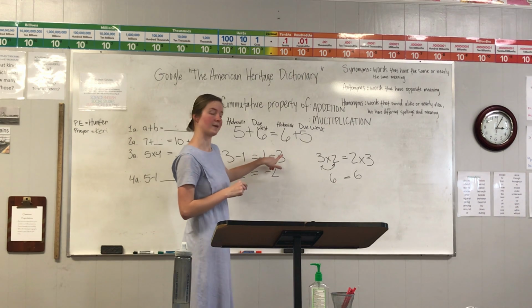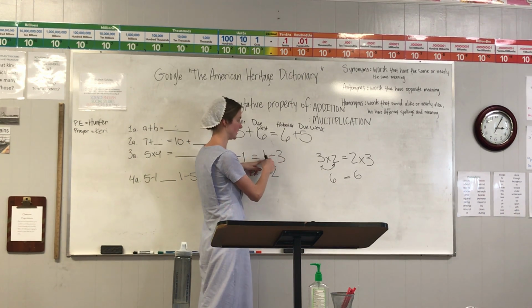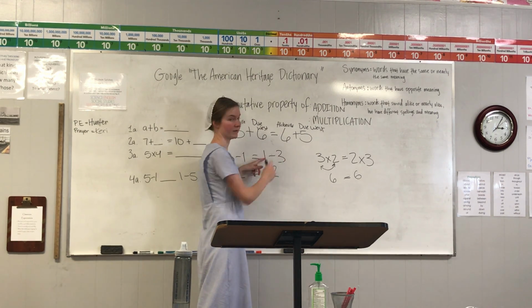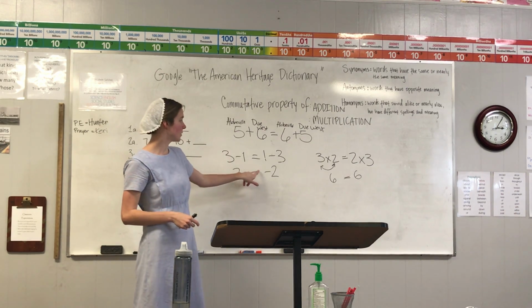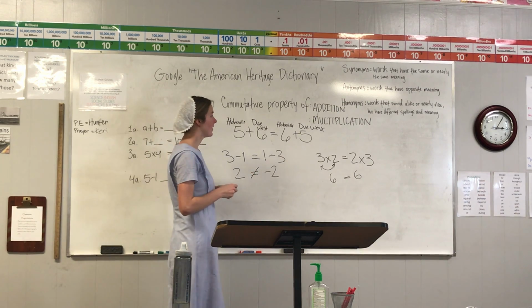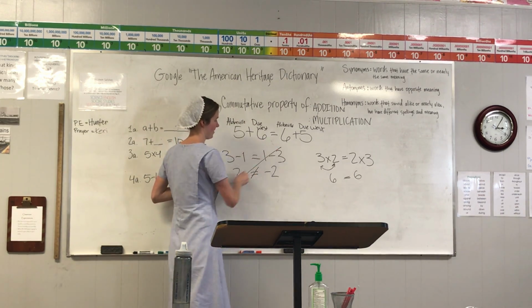Remember when we added integers? We subtract and we use the negative symbol. So this would be 2 equals negative 2. Does that equal? No, it doesn't. So commutative property does not work for subtraction.